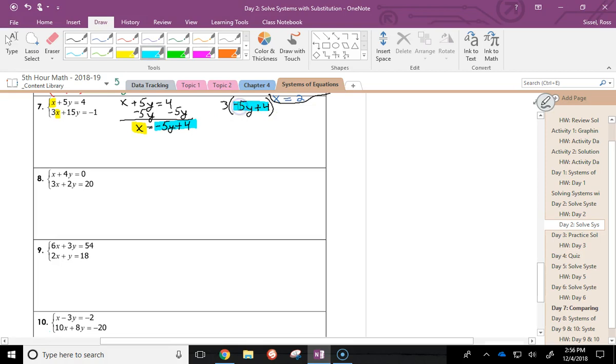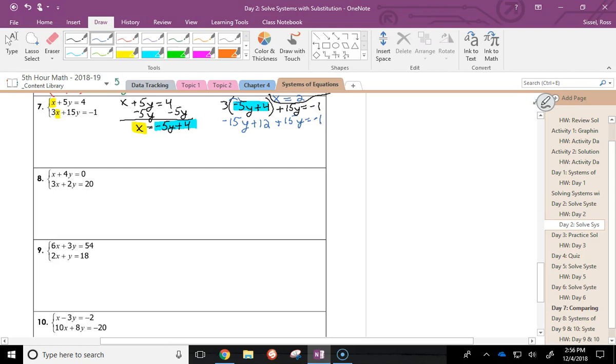That was substituted in, plus 15y equals negative 1. We distribute: negative 15y plus 12. 3 times negative 5 was negative 15, and 3 times 4 is 12. Plus 15y equals negative 1.